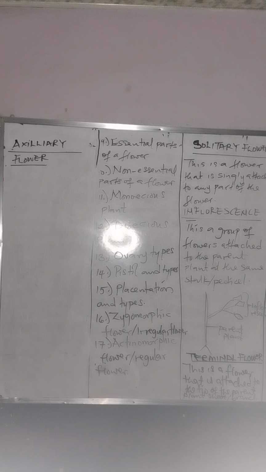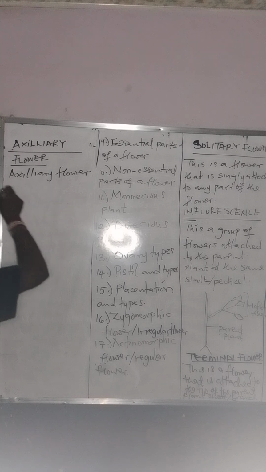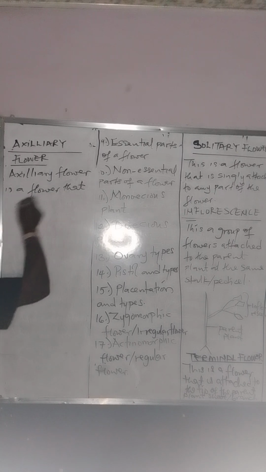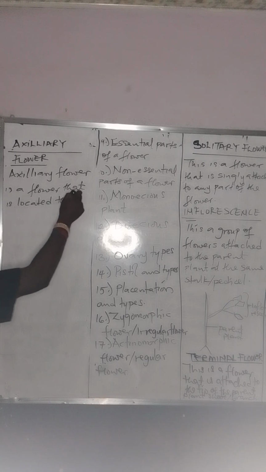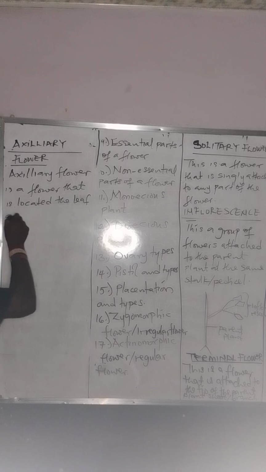What is an axillary flower? An axillary flower is a flower that is located at the leaf axil.